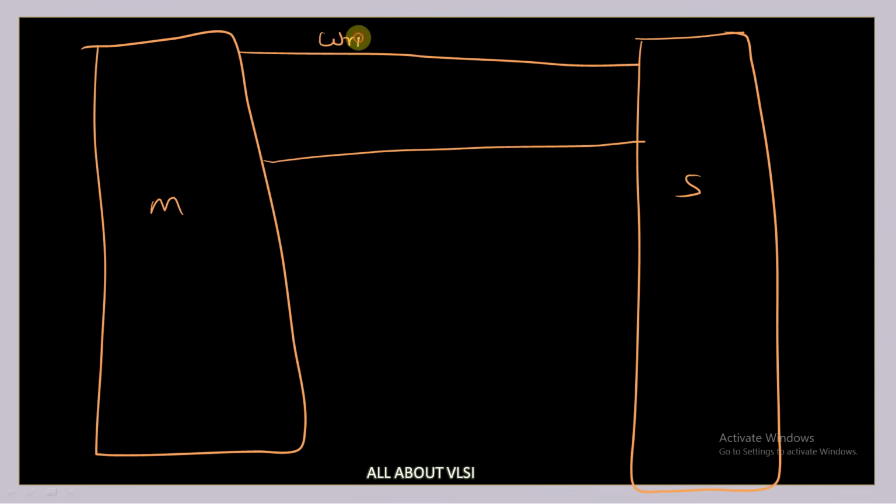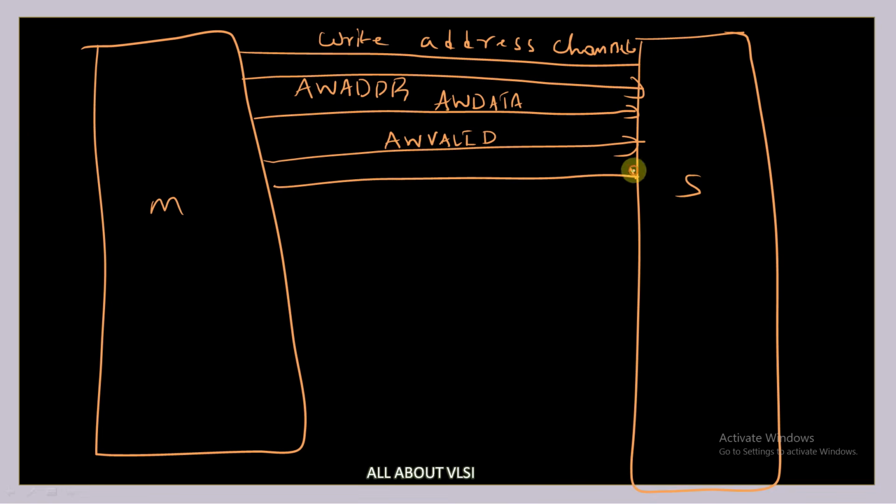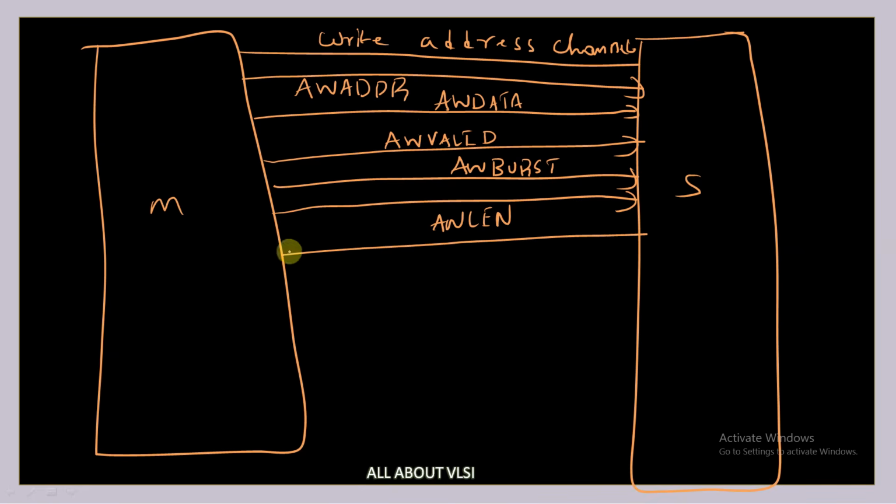This is my write address channel, and it is going to use a signal which is known as AWADDR, and it is also going to use AWVALID signal for indicating that all the address signals which it has given are valid, and AWBURST and AWLEN for indicating the length of the transfer, and it is also going to get the response, that is AWREADY. So these are the signals which are associated in the write address channel.